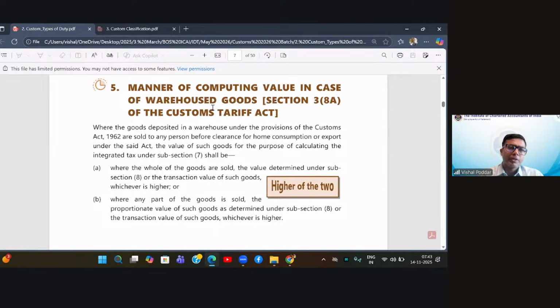When these goods are kept in the warehouse, I need not pay the customs duty. These goods will become liable for customs duty and parallel IGST or compensation cess, whatever is applicable, only when I apply for clearance of these goods by filing the second bill of entry.